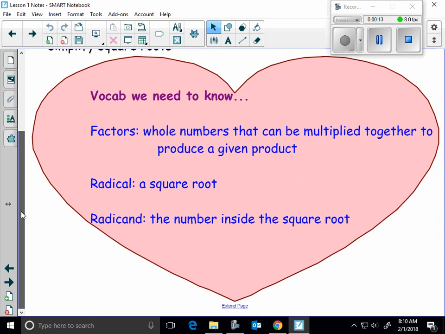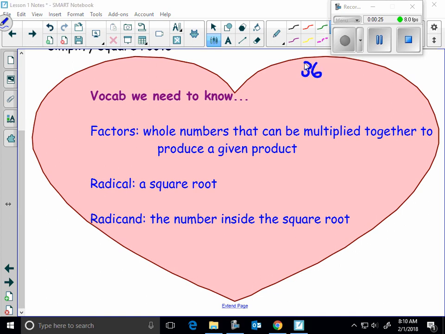Vocab that we'll need to know for today are factors, radicals, and radicand. So let's talk about the factors real quick of 36. What are the factors of 36? Well, throw one out there. Sure, 36 could be 6 times 6. Those are factors.